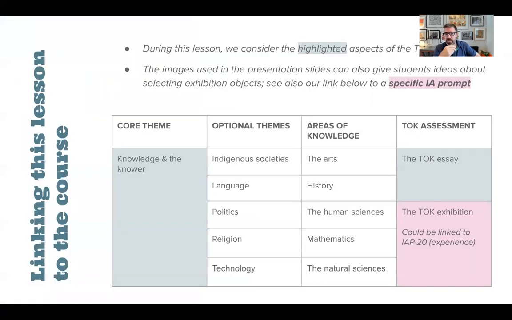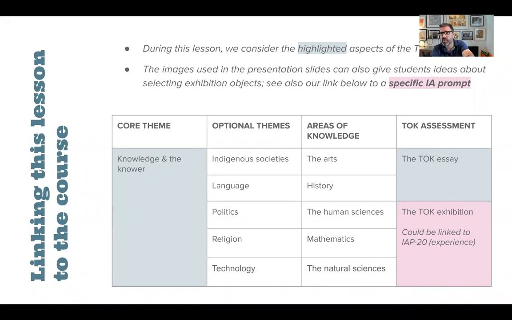This is the final lesson slide. Actually, this is from a different lesson. I can't remember which lesson this is, but I just give an indication there of which aspects of the course the lesson will link to, and you can see highlighted in pink.